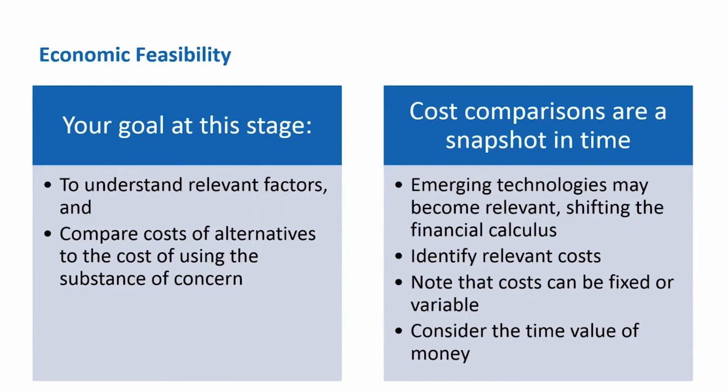Some of the costs associated with implementing an alternative are fixed, such as the costs associated with building out a new production wing to accommodate the alternative process, while others are variable, such as changes in energy consumption associated with a production line. Variable costs are often dependent on the quantity of product produced.